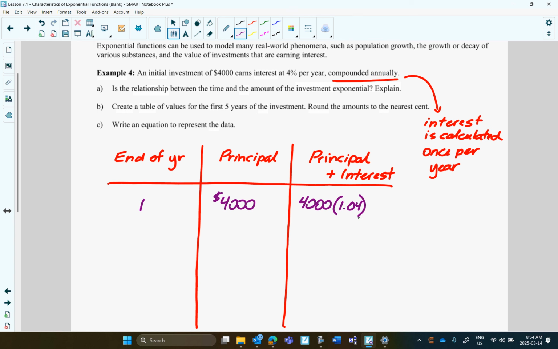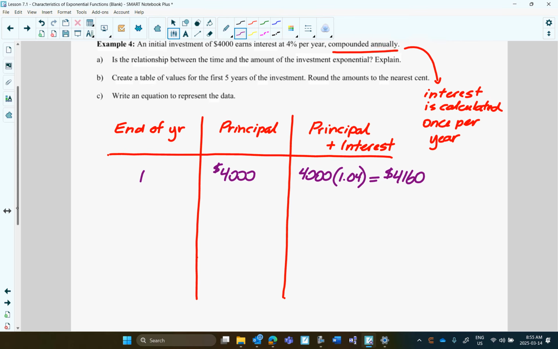Move the decimal twice to the left to change it to a decimal, and multiply. When I do that, I'm going to get $4,160. So just by leaving your money there for a year, you made 160 bucks. Maybe not a lot, for some of you. But watch what happens.